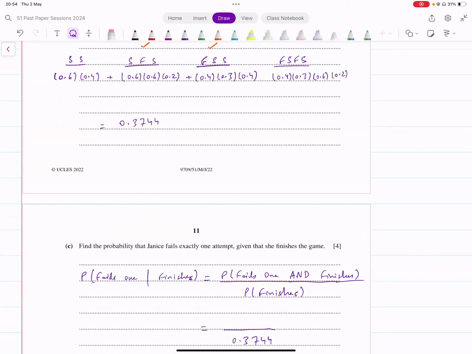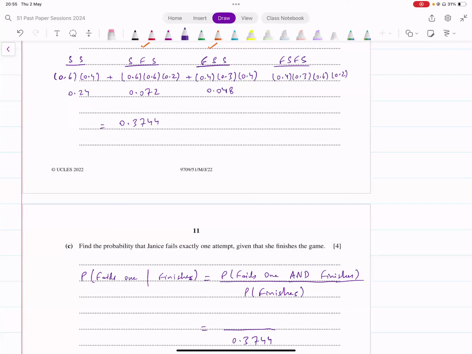Okay. Now, what are these two cases? Let me just evaluate these here separately. That will make things easier for the next part. 0.6 into 0.4 gives me 0.24, the first probability, and then 0.6 into 0.6 into 0.2 was 0.072, and then the next one was 0.4 into 0.3 into 0.4, and this one is 0.048.